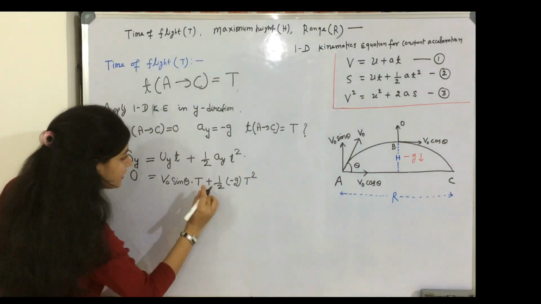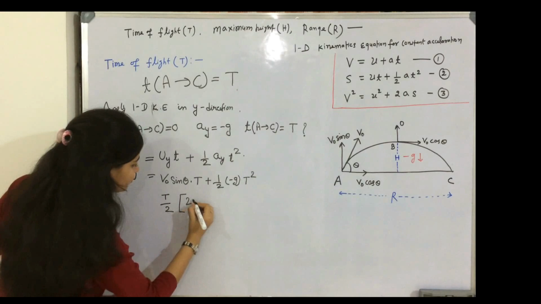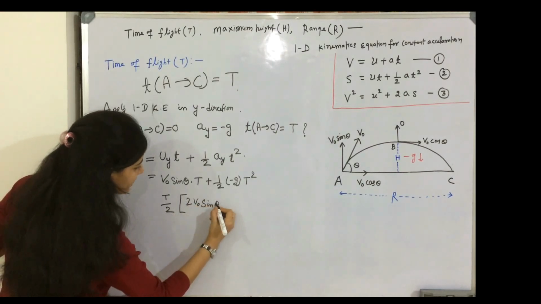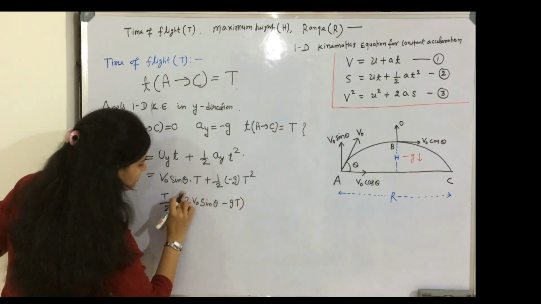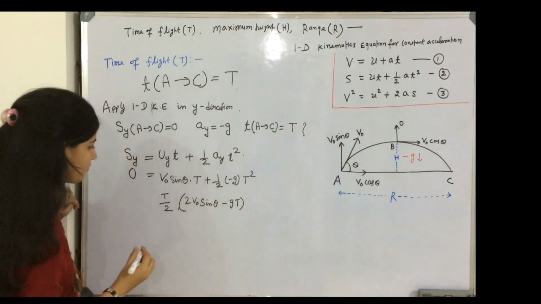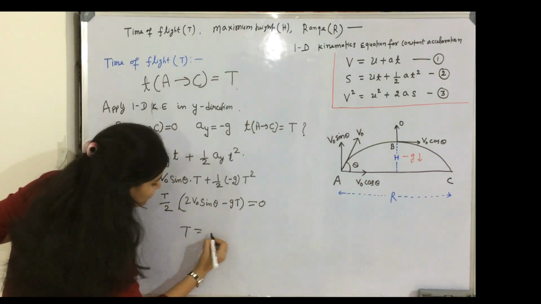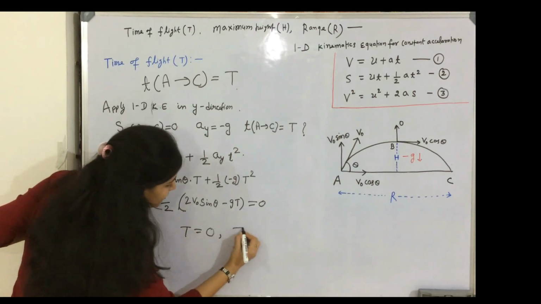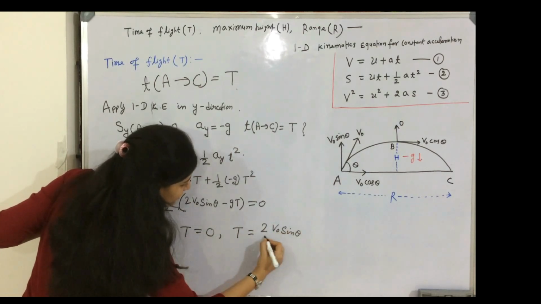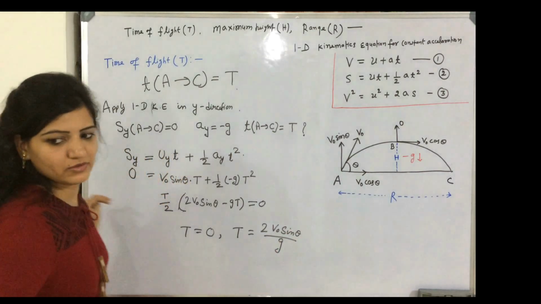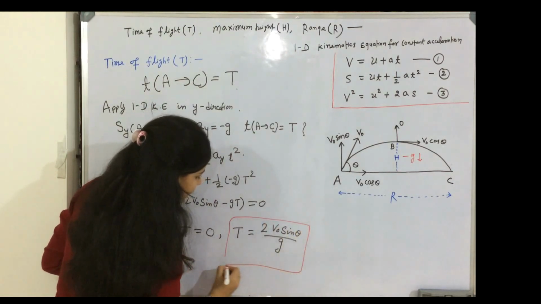So taking T out and 2 out, it is T times (2 v0 sin theta minus gT) equal to 0, which implies T equals 0 and T equals 2 v0 sin theta by g, which is our time of flight.